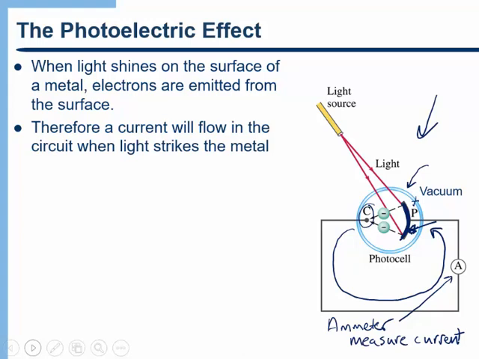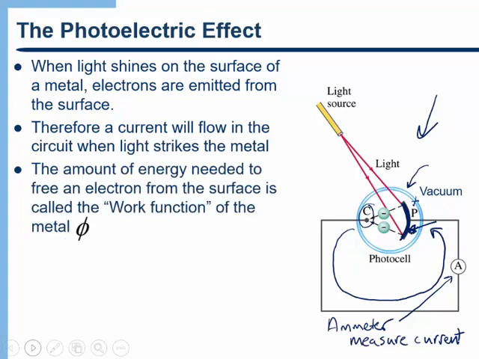If we think about this, it makes sense that if you shine light on a piece of metal, it would emit electrons, because we know that light carries energy, and any wave carries energy, and therefore if we can give enough energy to the electrons in the outer surface of the metal, those electrons can gain enough kinetic energy to escape from the metal.